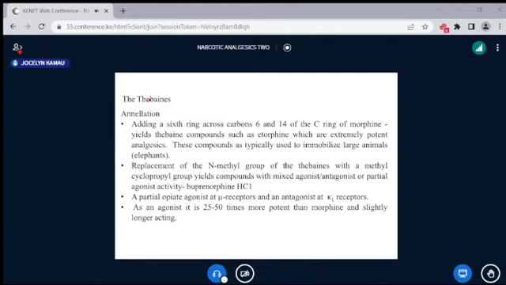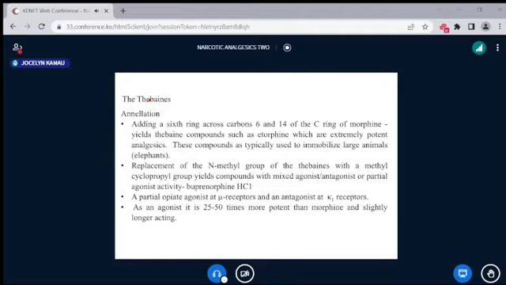For example, buprenorphine is a partial opiate agonist, and partial agonists never produce the maximum activity that is expected. So they do not have 100% efficacy. It is a partial opiate agonist at mu receptors and an antagonist at kappa receptors, so it has both activities.